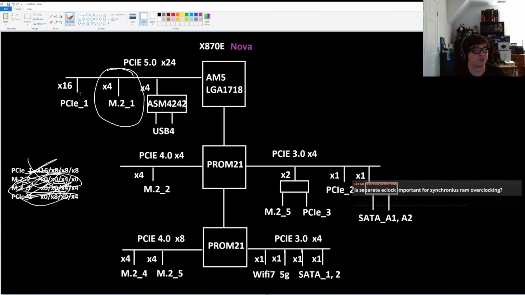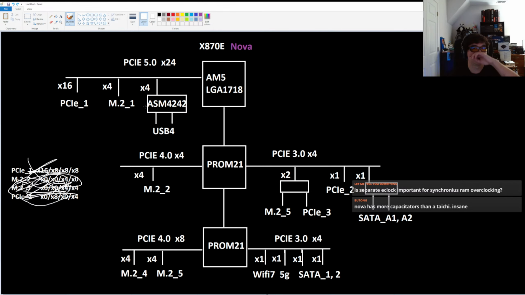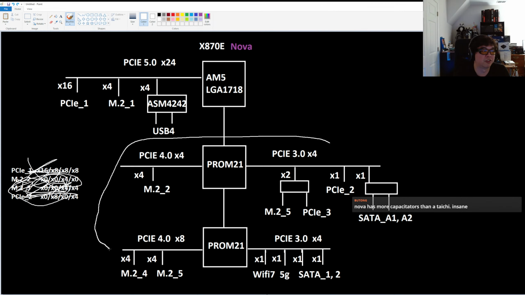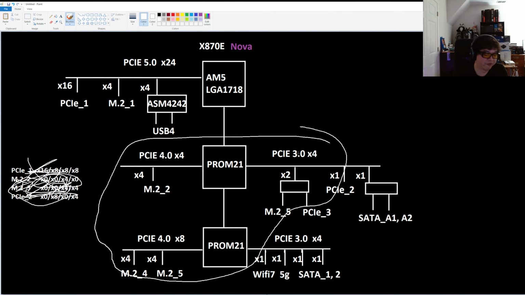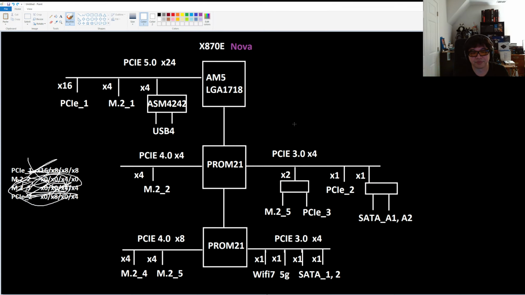If you're just going to run a Samsung 990 Pro on this, that isn't even going to get hot because this thing already has a big enough heatsink for Gen 4. So, yeah, no, the Nova's heatsinks are totally fine for your run-of-the-mill Gen 4 or Gen 3 SSDs. I would not be concerned about the heat sinks for the type of SSDs that are going to go in here.